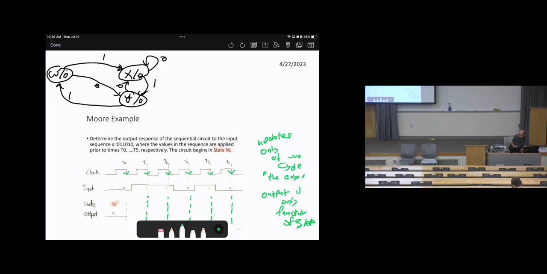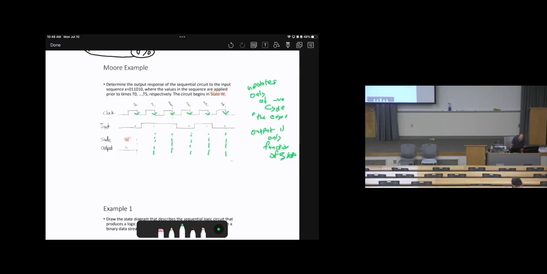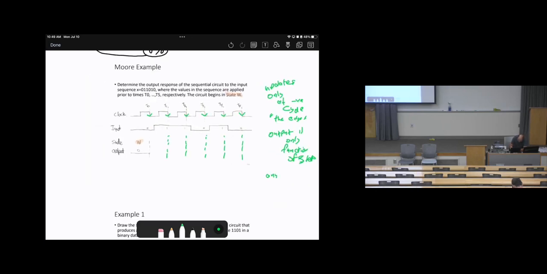Okay? So any mid-cycle change in inputs won't affect the outputs, which is different from the Mealy model.